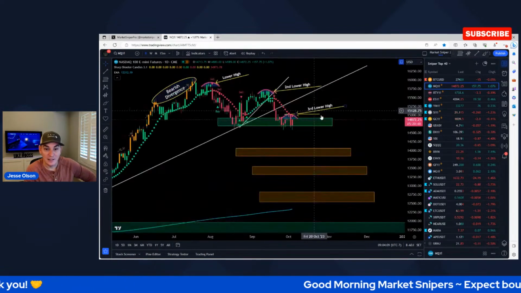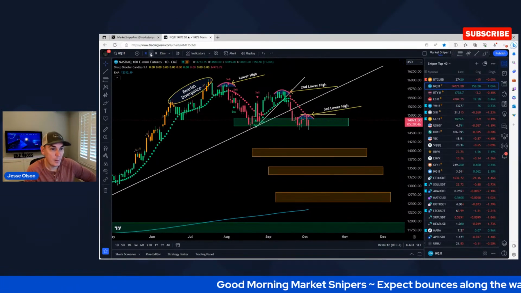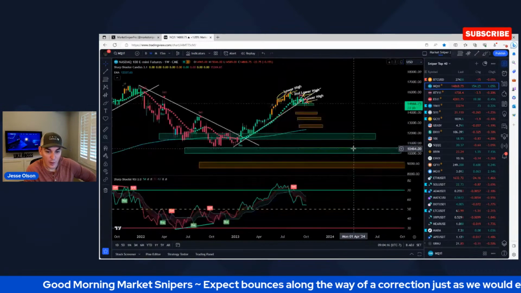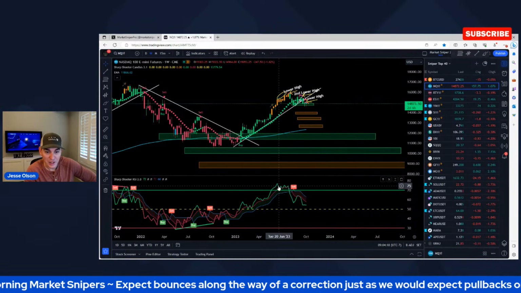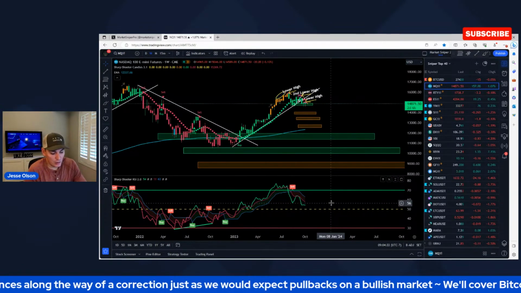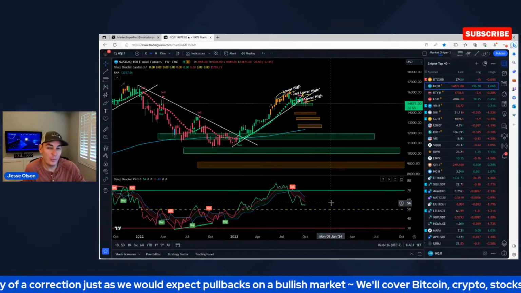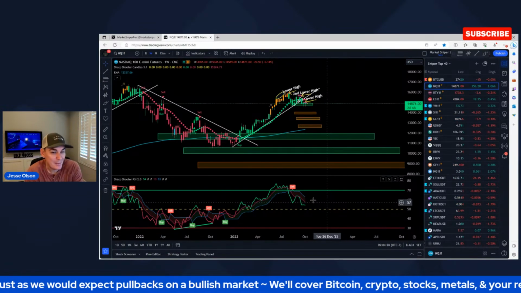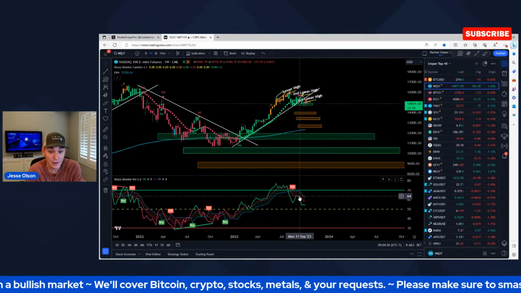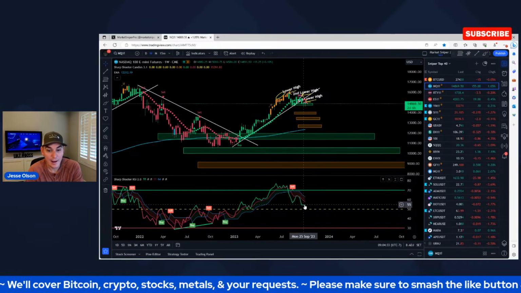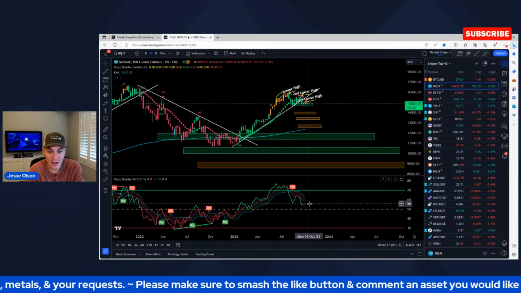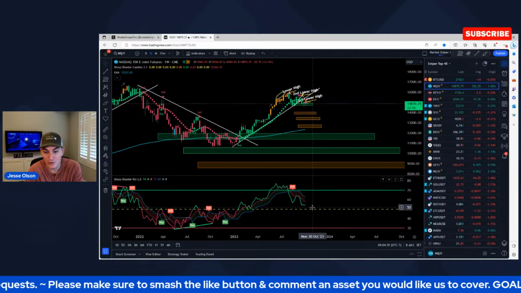So the daily chart is still bearish, right? The weekly chart is still holding on the weekly chart, but as you can see, it's trending downward, right? So still bullish, but at the same time, it had that bearish divergence, had the RSI sell signal, put in the lower high, put in the lower low on the RSI weekly chart, and the EMA and the RSI continue to trend downward.